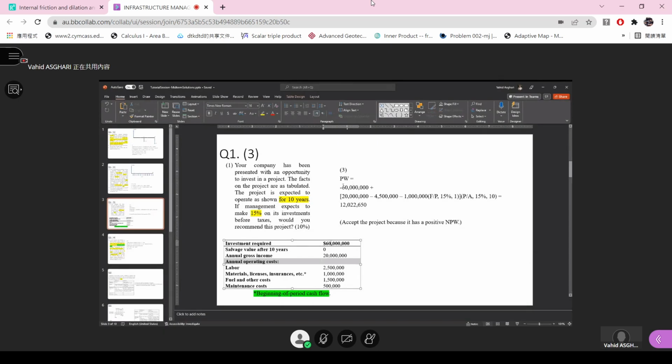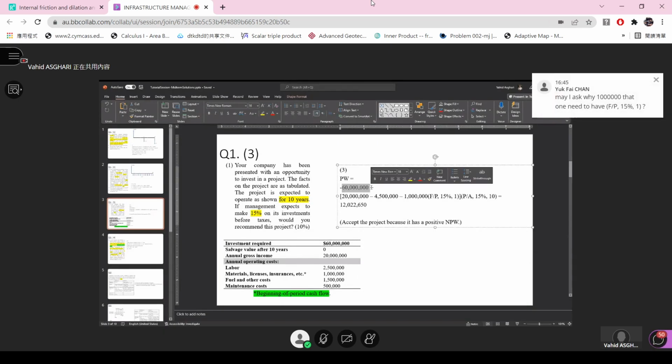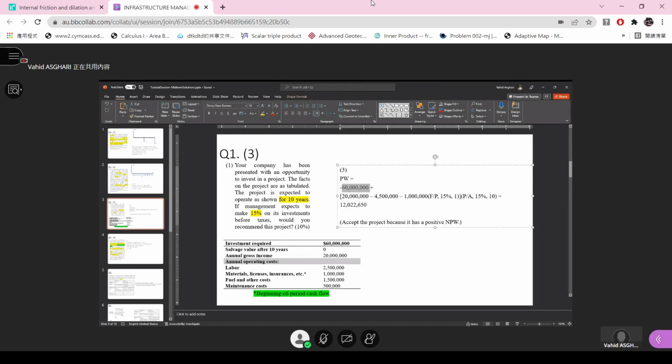Because $60 million was invested. That was exactly what I was talking about, because I said that all equations that have an A in them are based on the assumption.